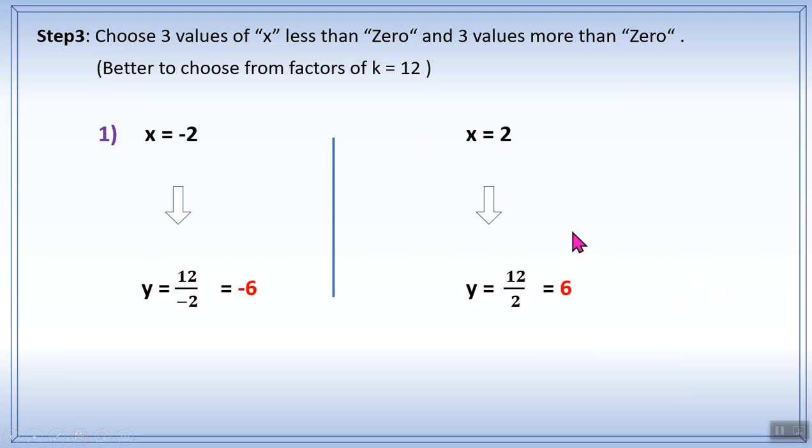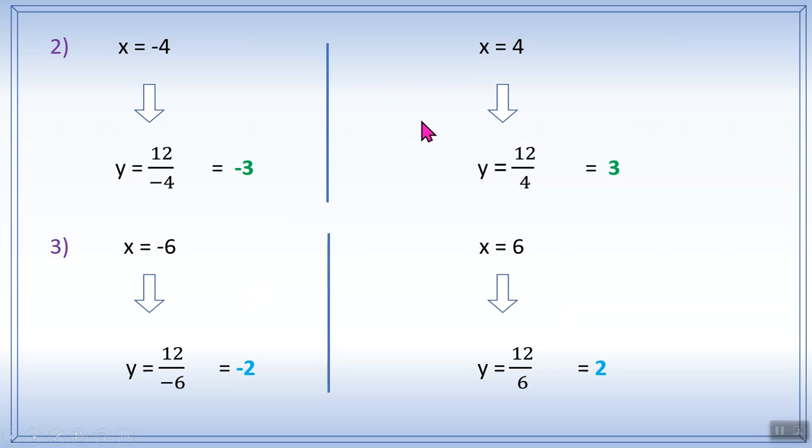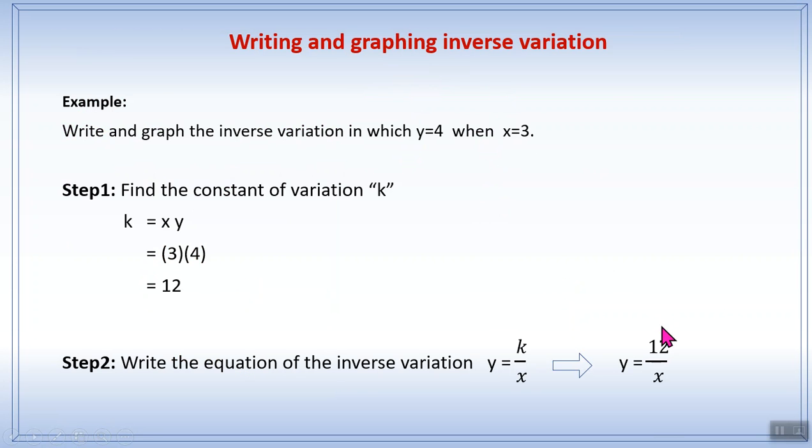In step number 3, to graph this inverse variation, we will choose 3 values of x less than 0 and 3 values of x which are more than 0. Of course, it is better to choose from the factors of k, which is 12, because it is a fraction.